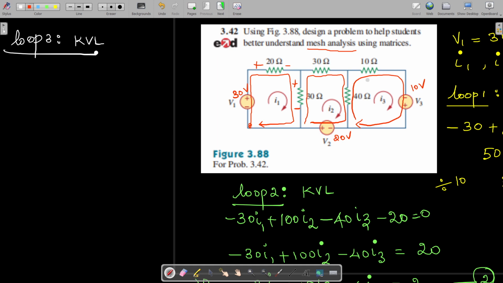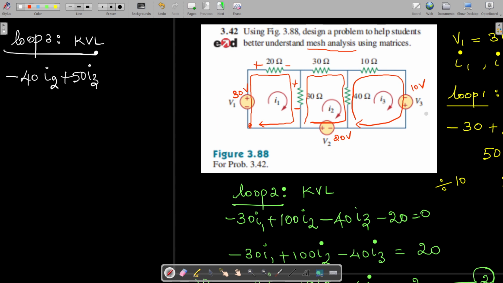So for the I3 current, the resistance is 40 plus 10, so a 50 ohm resistance is involved. So it can be taken as plus 50 I3. Then this 40 ohm resistance is common for both I2 and I3, so you can put it as minus 40 I2. No I1 current is involved.